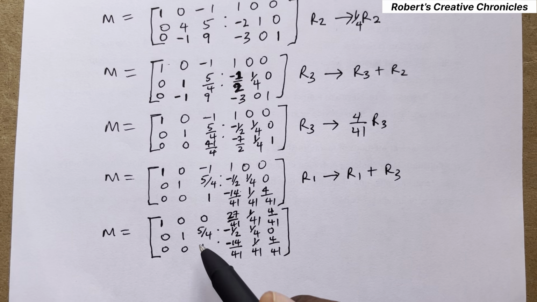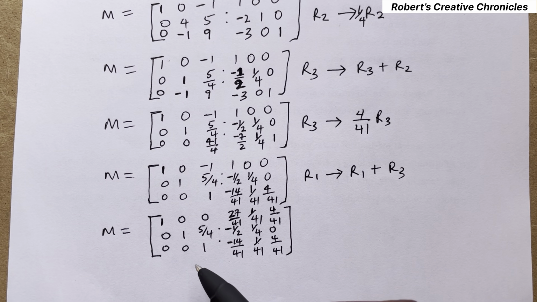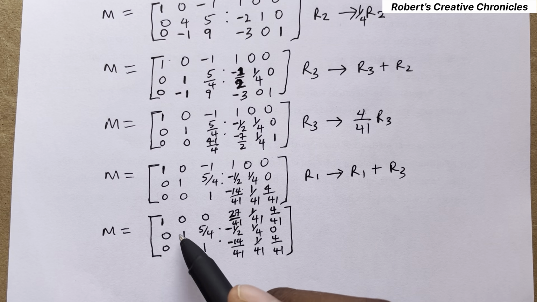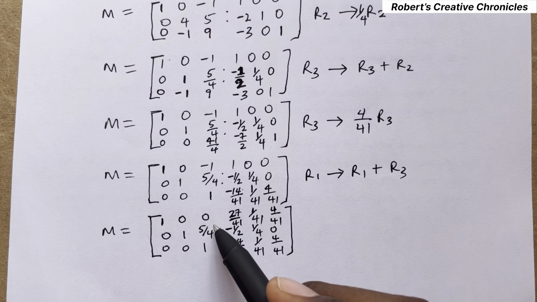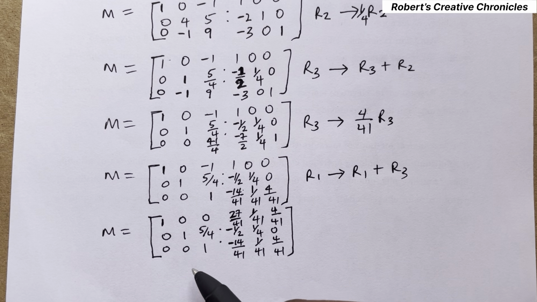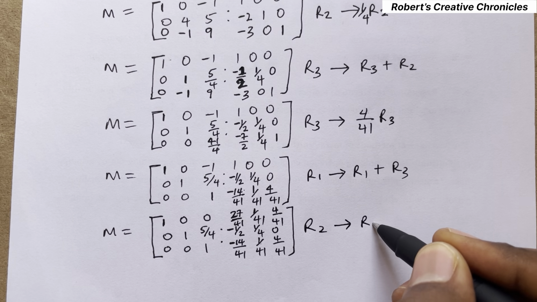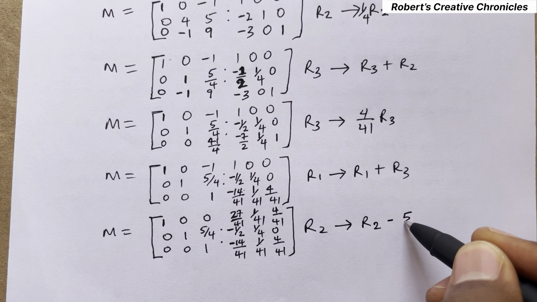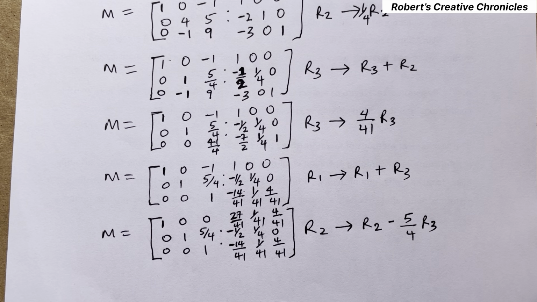Now finally, to convert this one to 0, what we are going to do is, we will say that row 2 minus 5 over 4 row 3, because 5 over 4 minus 5 over 4 times 1 is 0. So we'll say that row 2 is equal to row 2 minus 5 over 4 row 3.